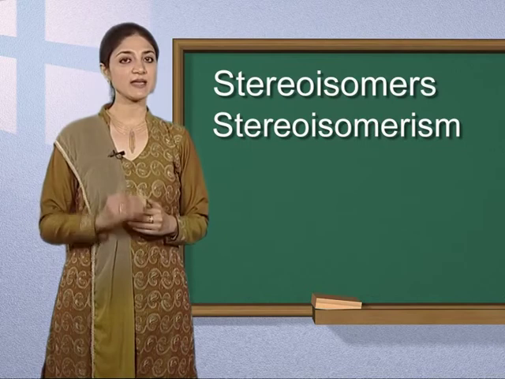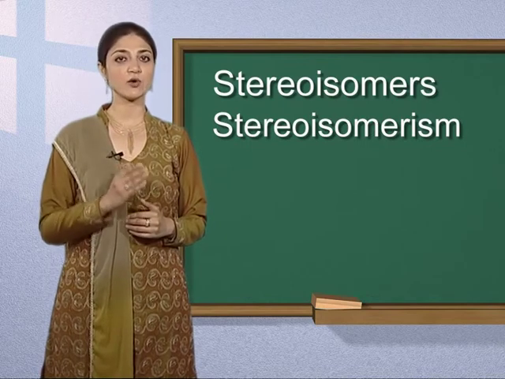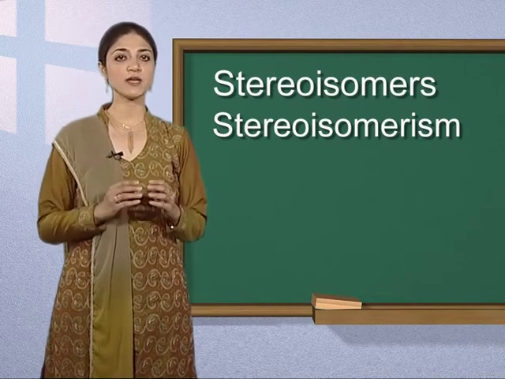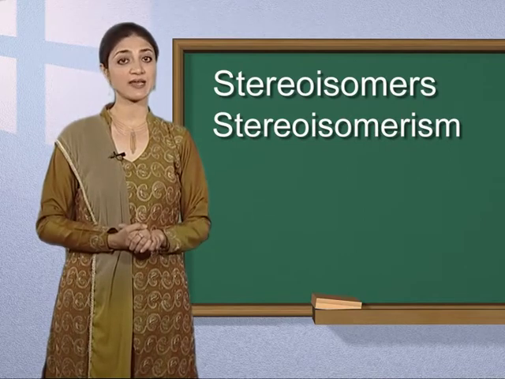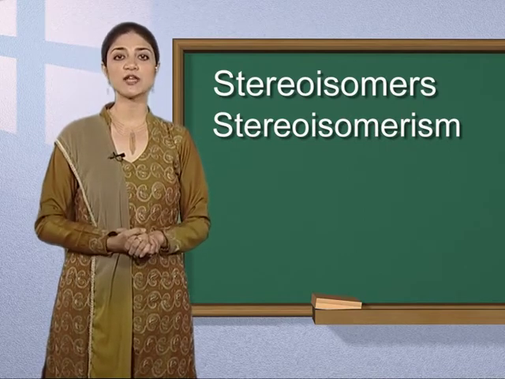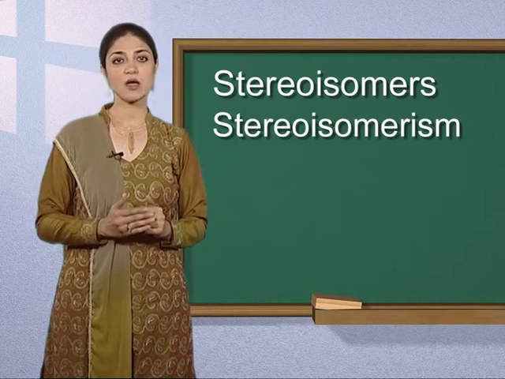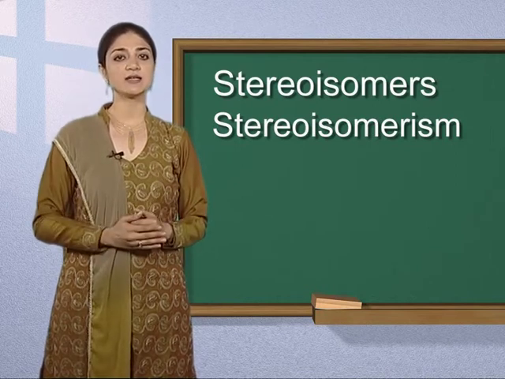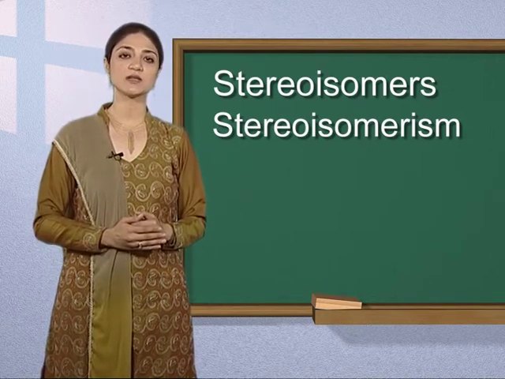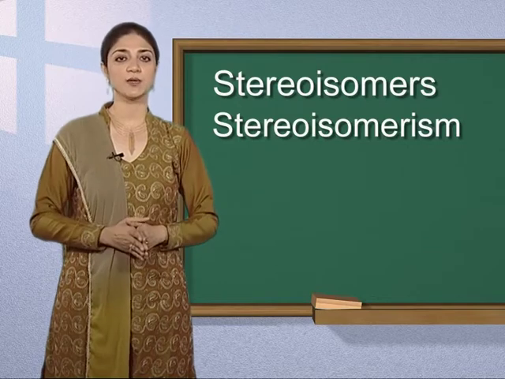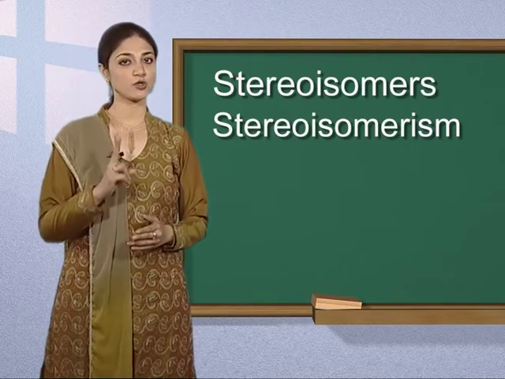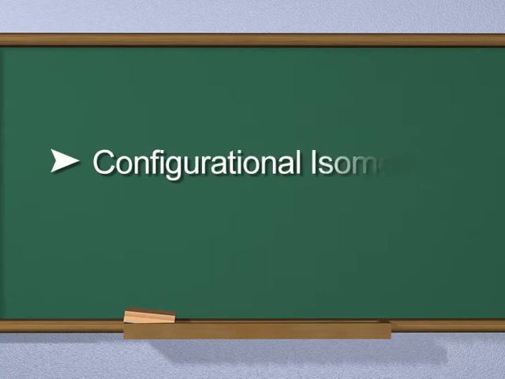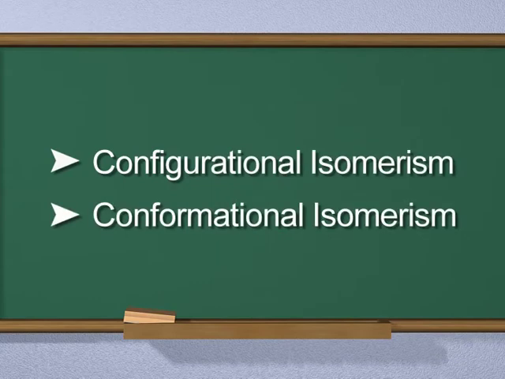Stereoisomerism is basically the feature of stereo centers, which could be a multiple bond, a cyclic structure about which rotation is restricted, or a chirality center whose mirror image is non-superimposable. These are of two types: configurational isomerism and conformational isomerism.